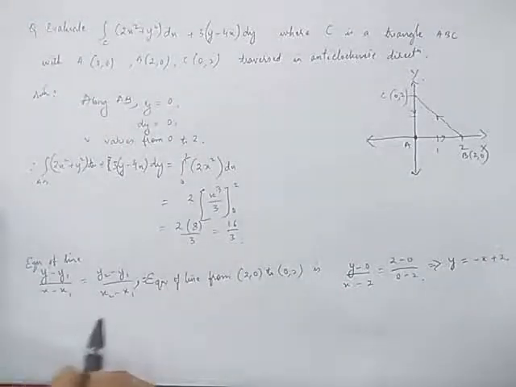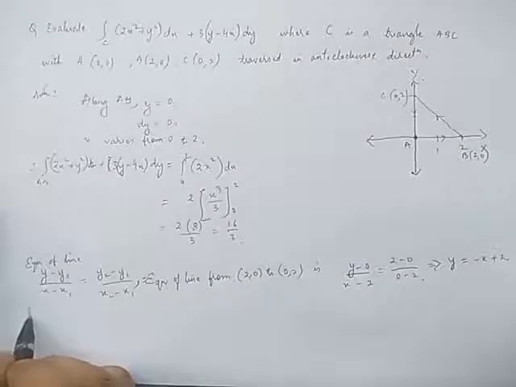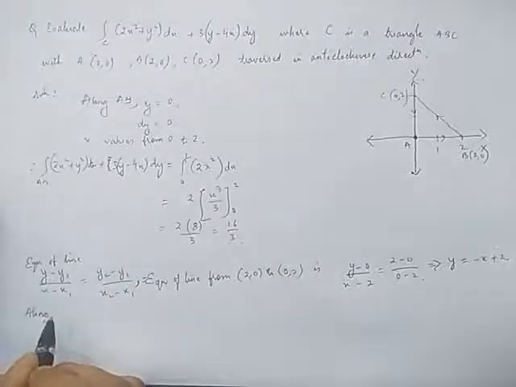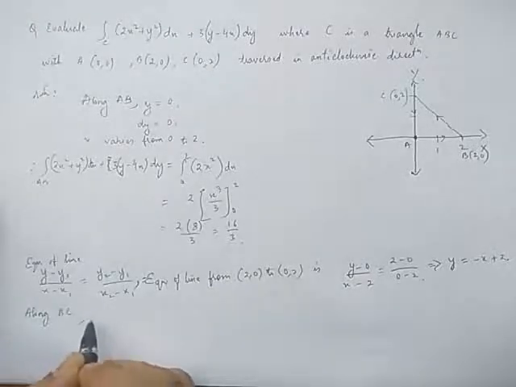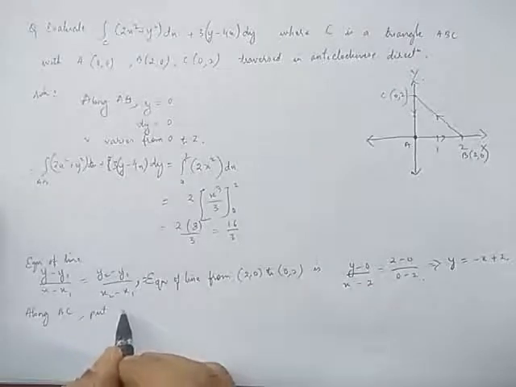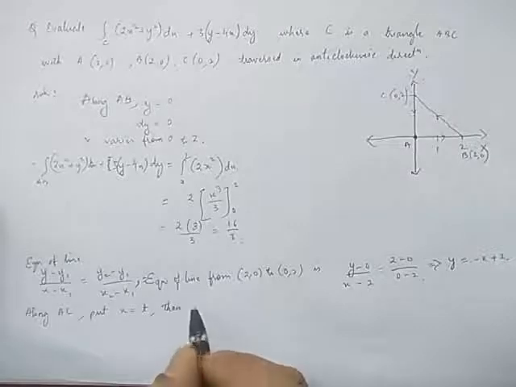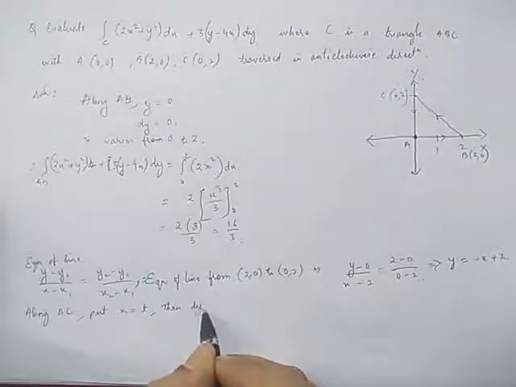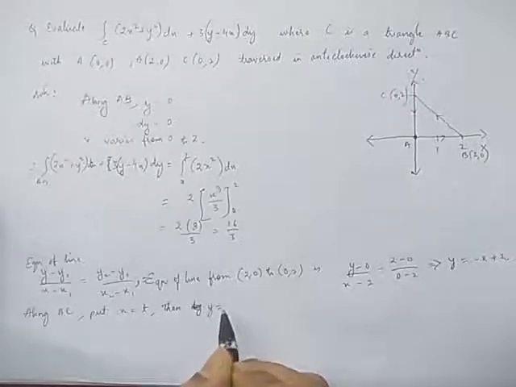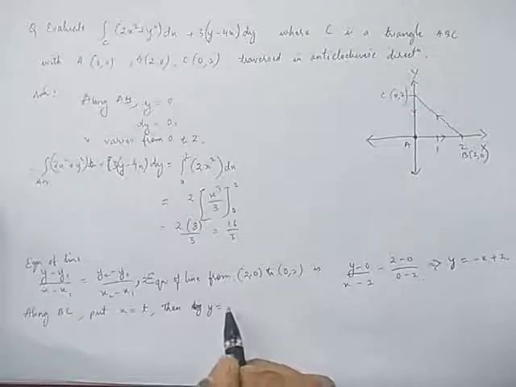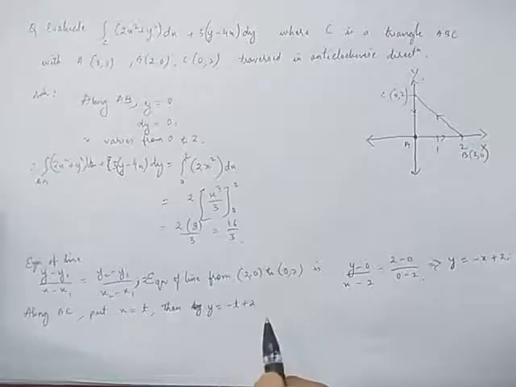So along BC, put x equal to t. Then my y will be equal to minus t plus 2.